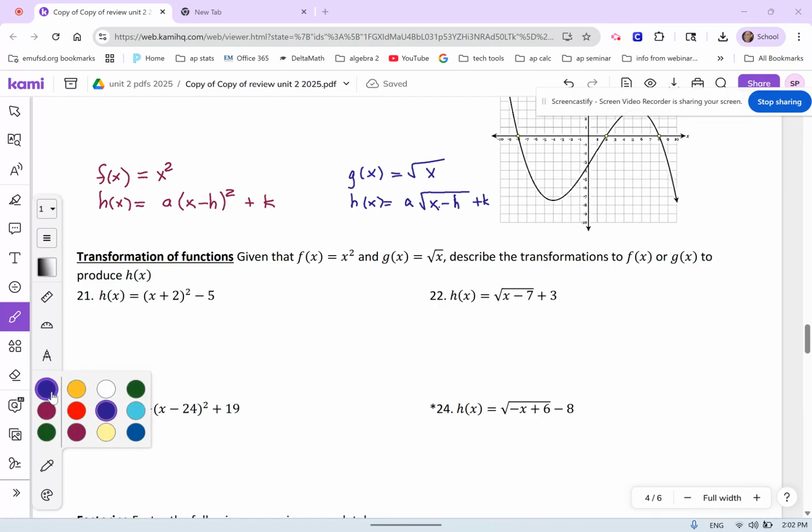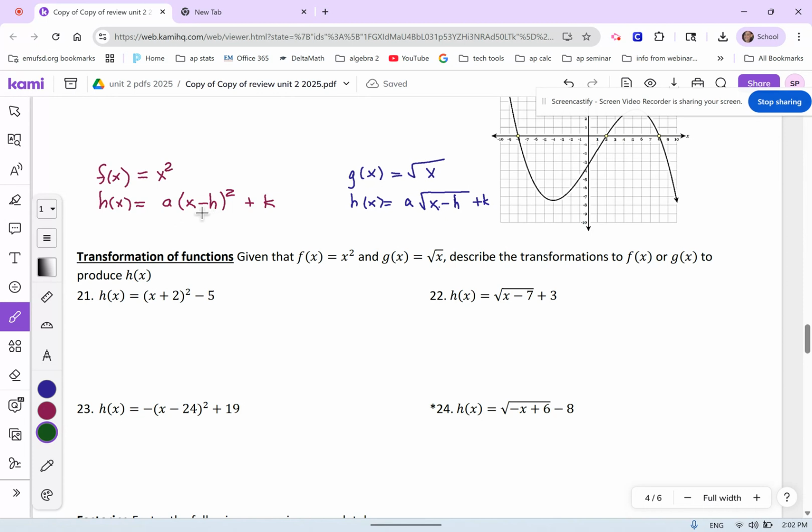So the transformations can be recognized in a certain form. A is going to represent a reflection. It's also going to reflect vertical stretches and compressions. What's inside the parentheses represents the horizontal transformations.